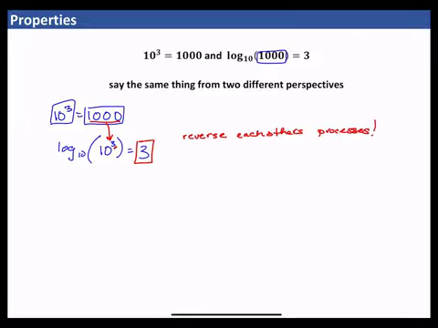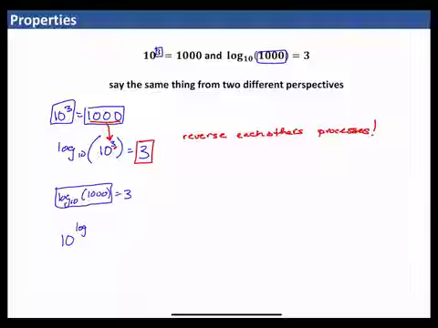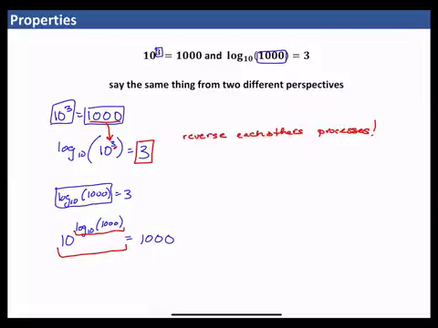Knowing that log base 10 of 1,000 equals 3, we can substitute the 3 with log base 10 of 1,000, giving us 10 raised to the log base 10 of 1,000 equals 1,000. And again, performing the base 10 logarithm followed by the powers of 10 function resulted in an output equal to the original input. So we see yet again that the base 10 logarithm and powers of 10 function reverse each other's processes.